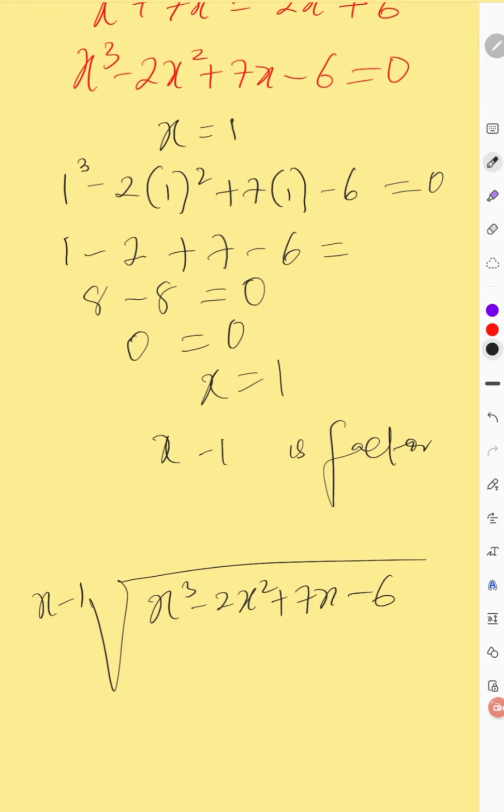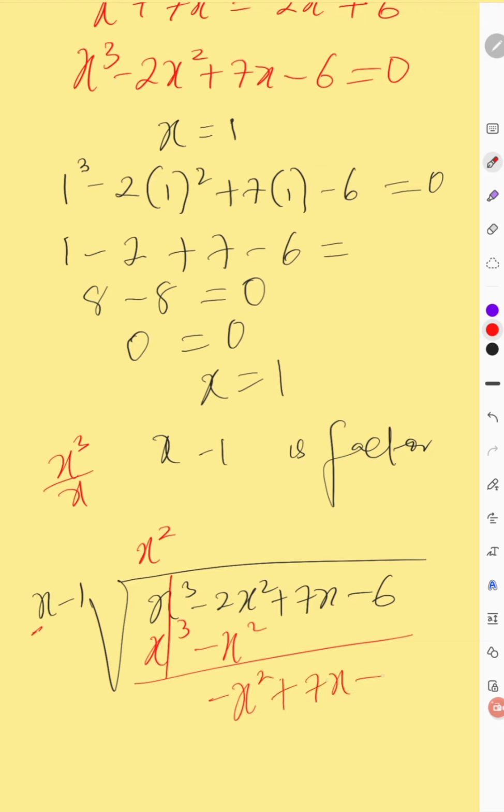by x minus 1. Now, when you divide the x cubed by the x here, it will give us x squared. You write x squared times x is x cubed, x squared times minus 1 is minus x squared. You subtract, this has cancelled out, minus 2x squared minus minus x squared will give us minus x squared, then plus 7x, then minus 6.